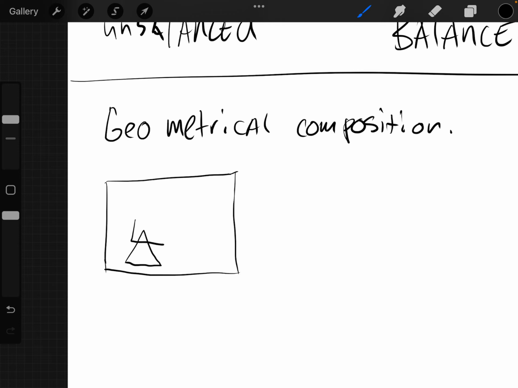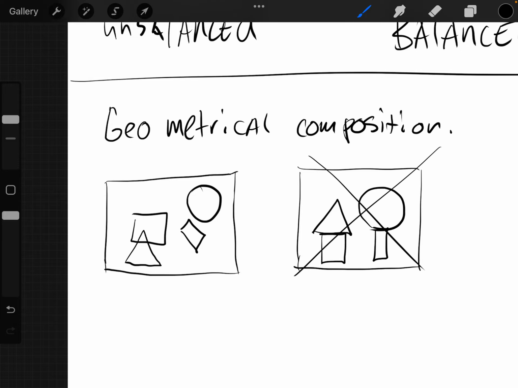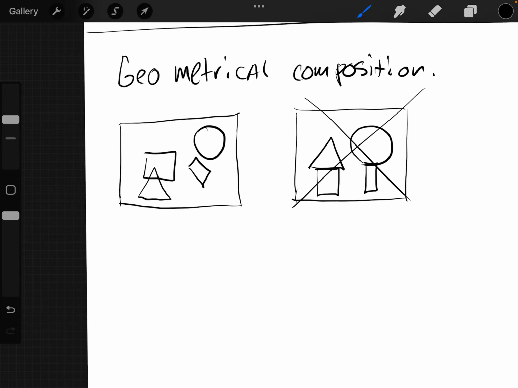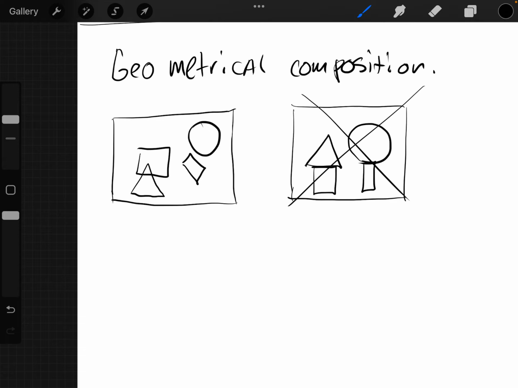For example, if I do again a triangle, and a box, and a stick, and a circle, I'm talking about something geometrical. If I reorganize them into a box with a triangle, a stick, and a circle, that is not correct, because that is a house and a tree made out of geometrical shapes, but that is not the purpose of geometrical composition, right?